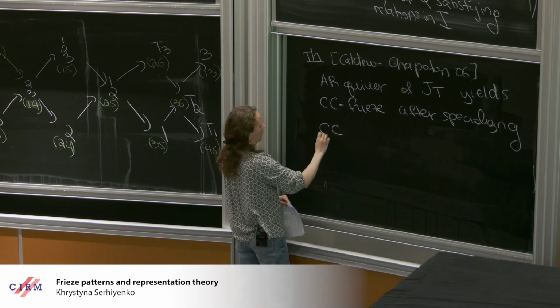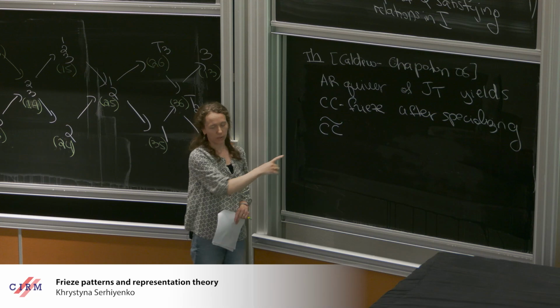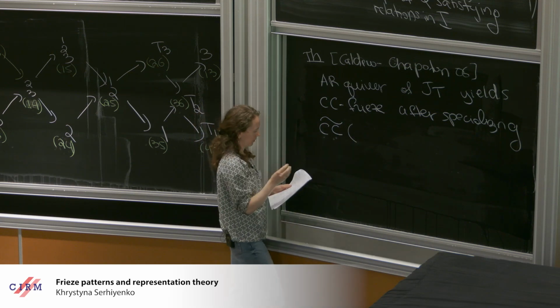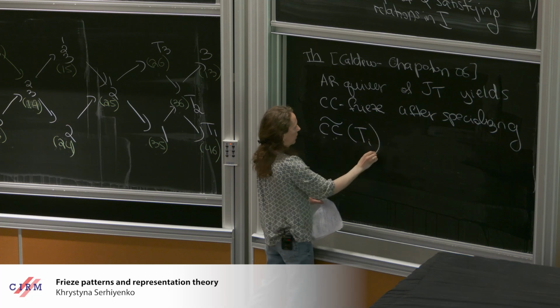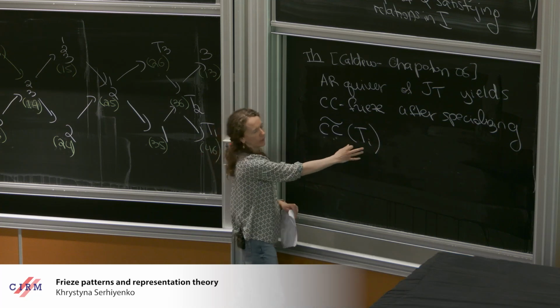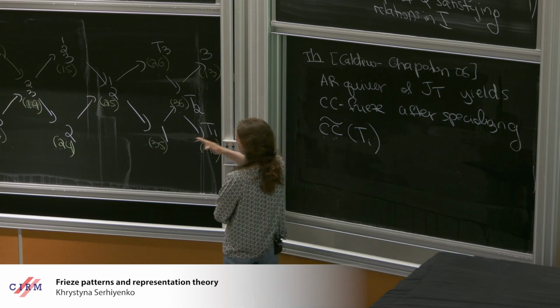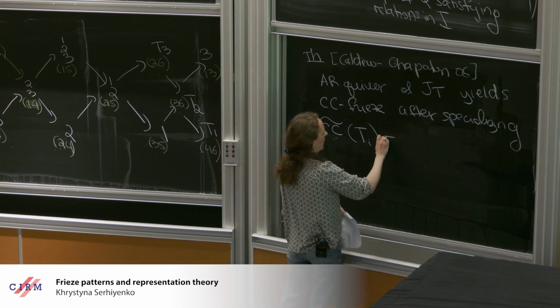So this is the specialized Caldero Chapoton map. I put a tilde on it. If I evaluate it at these T_i, which are summands of, or elements of, my triangulation, I'm going to get a 1.